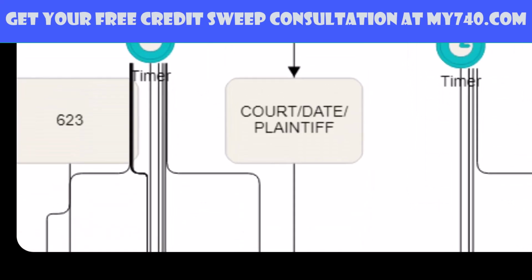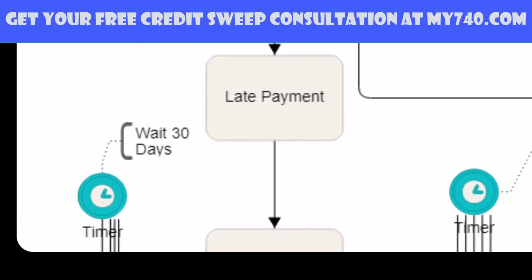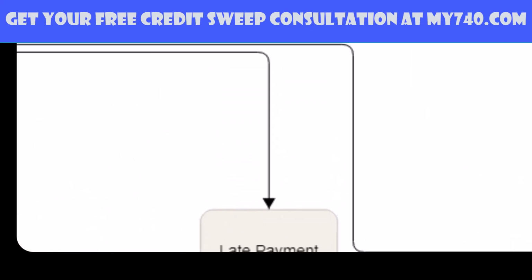Now, you can go check out my channel. I have a ton of videos, hundreds of them. Plug in the words public record, or plug in bankruptcy, plug in judgment, plug in tax lien, and you're going to find the video specific to those, because there's very specific things that you need to do to remove those types of negative items. And I give you all of the answers.